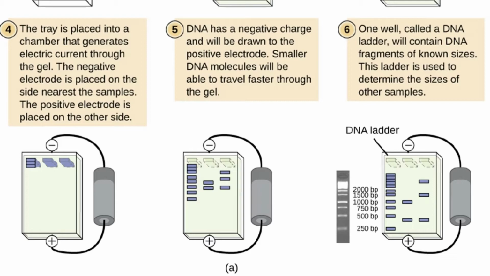Because you're making the DNA move through this gel matrix, larger pieces will be impeded as they try to move through the gel, so over time, you can create these banding patterns of DNA based on their size, and you can use those for multiple different applications.